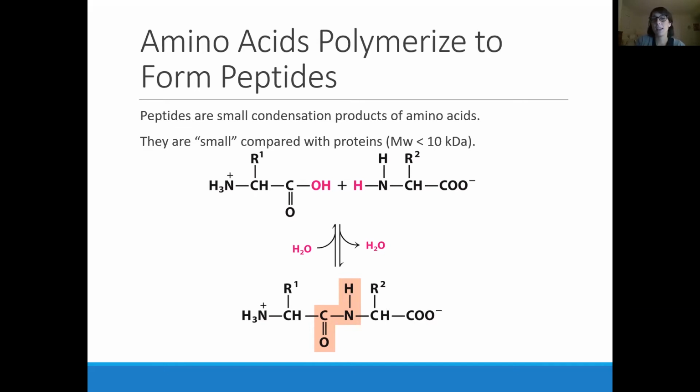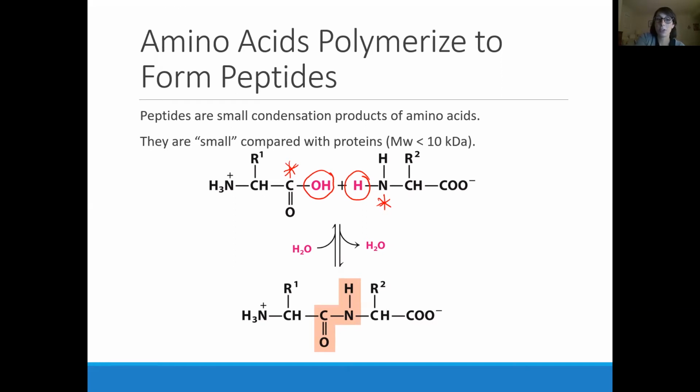The way that you make a peptide, again, is just by condensing two amino acids together, specifically at the carboxylic acid end of one amino acid and the amino end of another amino acid. Notice that the OH on the carboxylic acid and one of the hydrogens on the amino group condense together to form water and leave.